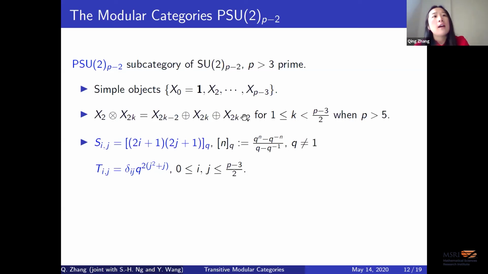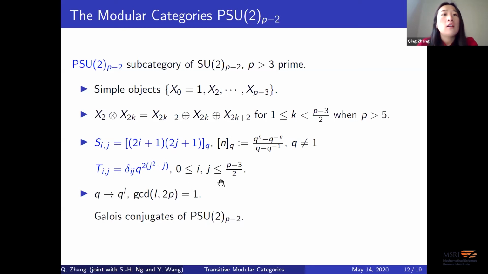And the S matrix can be given by quantum integers indexed by i and j, and the T matrix can be given by the root q. And in general, if we take a Galois conjugation of this modular category, we can get other ones. And here we call them Galois conjugates of PSU2 level P-2.